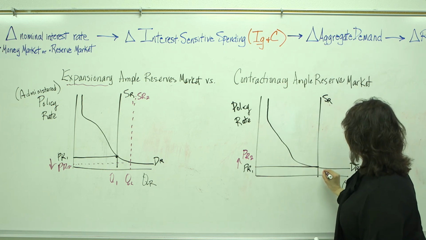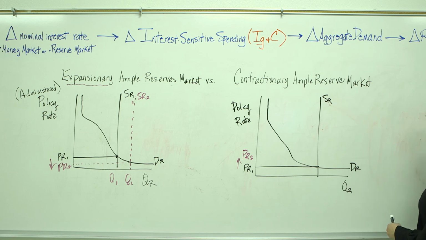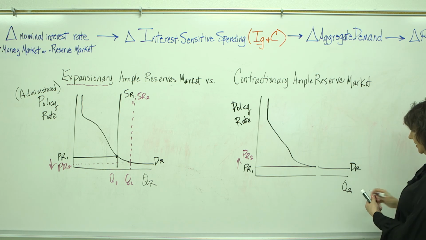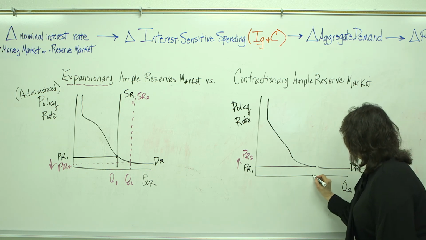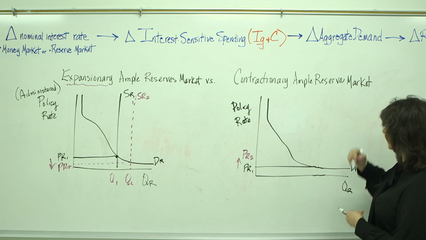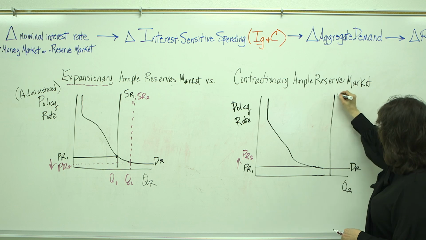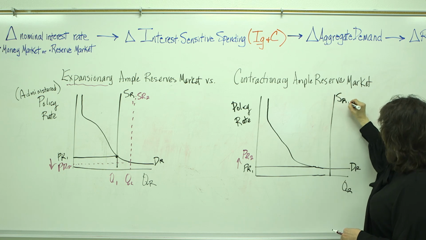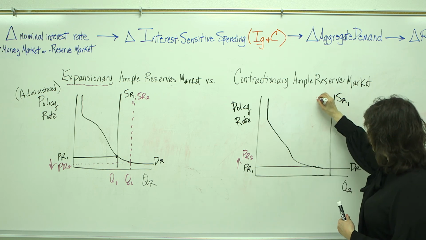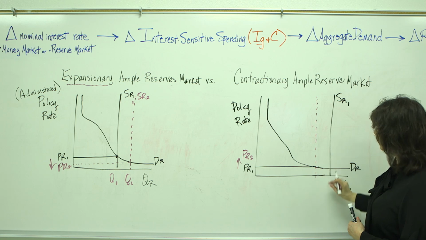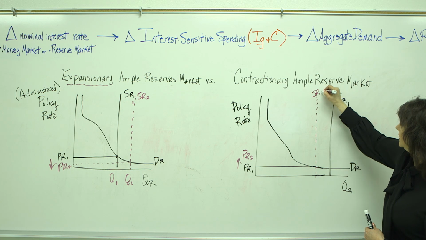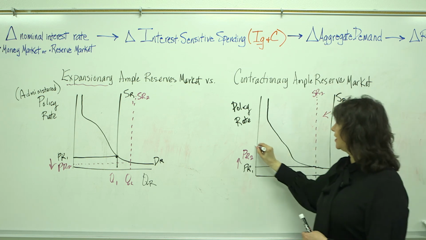Well, that's just about going to leave that flat portion, and I don't like that because we want this to be just perfect. When it comes to drawing your graphs, and you're supposed to be in a certain position on the graph, make sure that you are. So this is the supply of reserves 1. Now that the interest rate has gone up, there's just less money in the economy, period. I just wanted to capture that flat portion, and I wasn't able to do it with the first position that I had drawn. Interest rates go up.